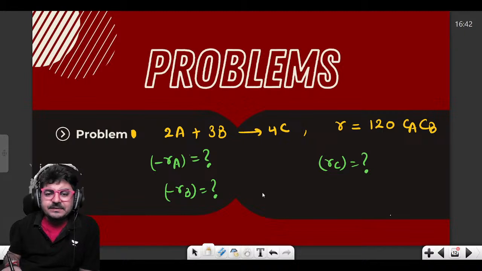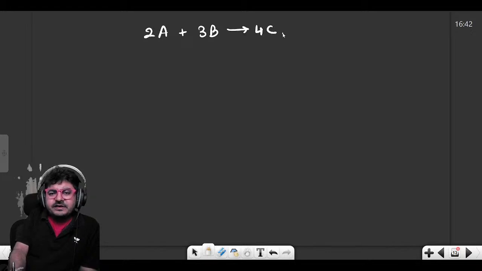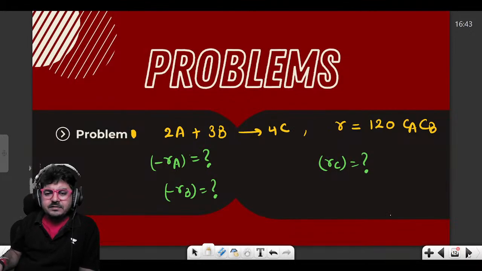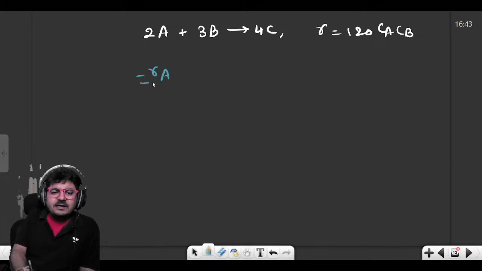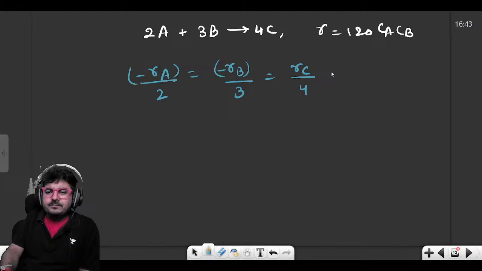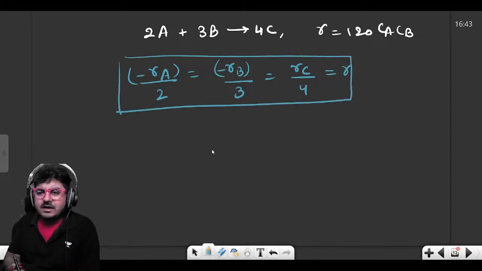So very easy. See this. Reaction is given 2A plus 3B gives 4C and rate expression is 120 CaCb. Correct? So you know that from relative rates, minus Ra upon 2 is equal to minus Rb upon 3 is equal to Rc upon 4, and that should be equal to R. Correct?